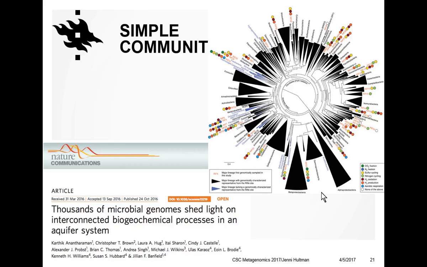From the really simple communities, oh, and I'm sorry, you cannot really see, my figure was too big here. From the simple communities, there has been a study. Here's one example where the authors got thousands of microbial genomes from their low diversity sample, and they could then show different ways of carbon, sulfur, and nitrogen usage in the tree of life.